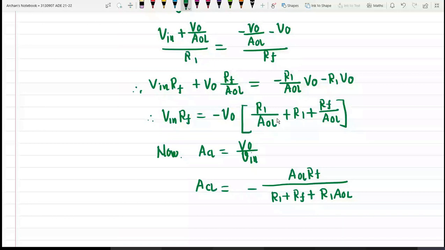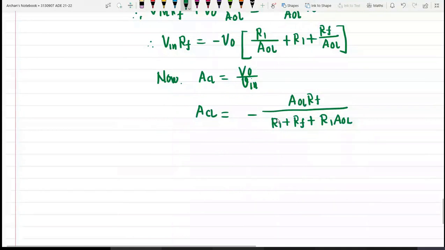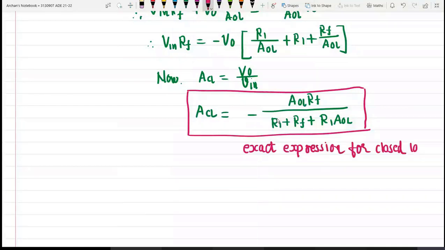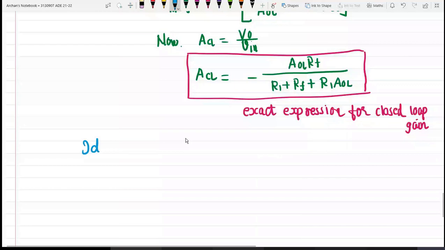Now if we consider ideality, ideally AOL is very large and tends to infinity.